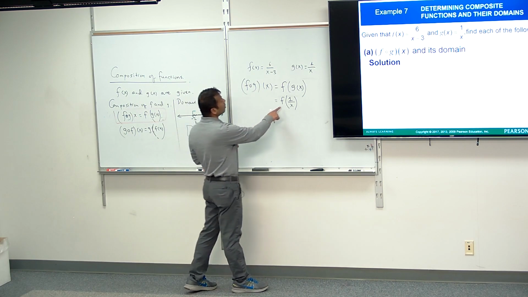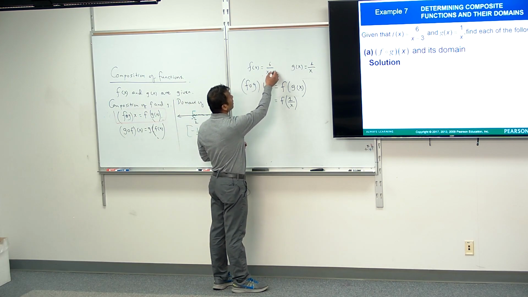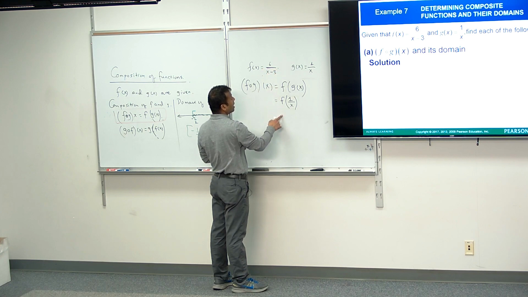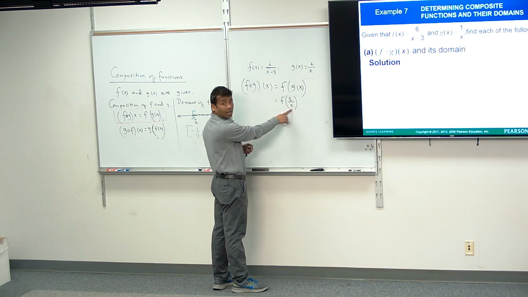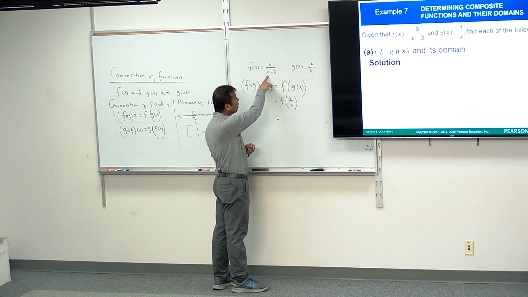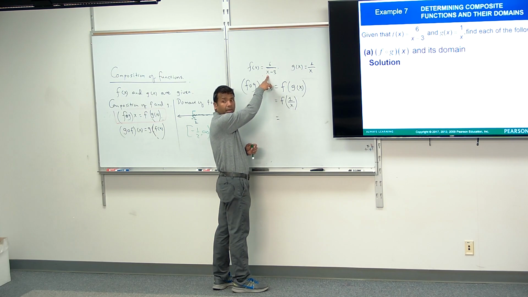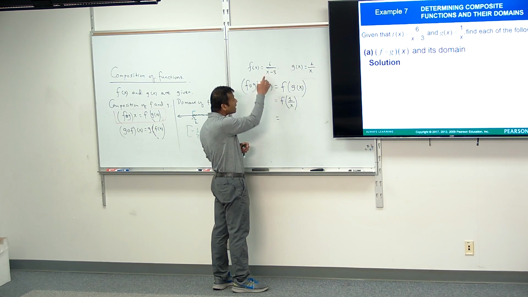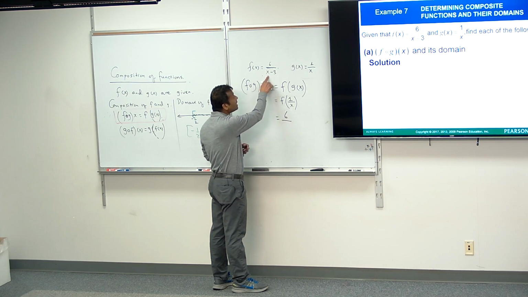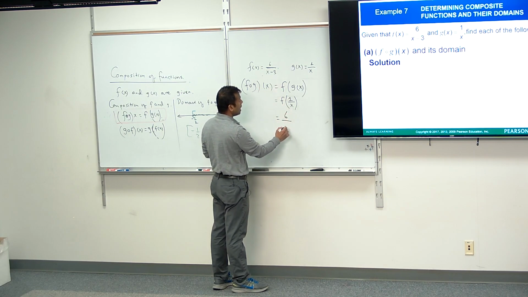How do you evaluate f of 1 over x? So what is f of x? 6 over x minus 3, right? So what will be f of 1 over x? You plug in 1 over x for x, right? Or replace this x by what? 1 over x.